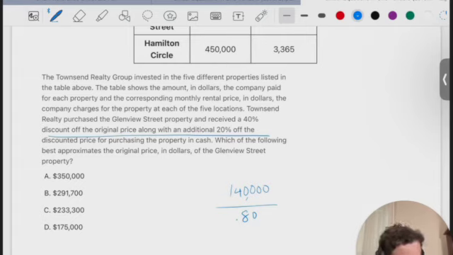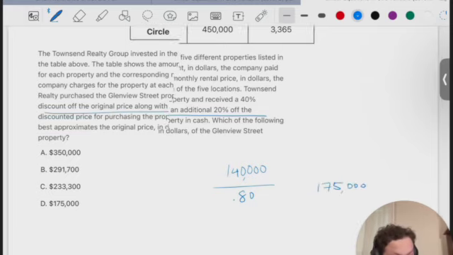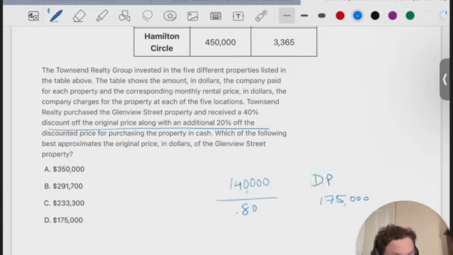And that's this value. Now this was still a discounted price, right? So that's still the discounted price. So now that gets divided by the other discount, which was 60%, or we had to only pay for 60% of it. Divide by 0.6. I get B, roughly, as the answer.